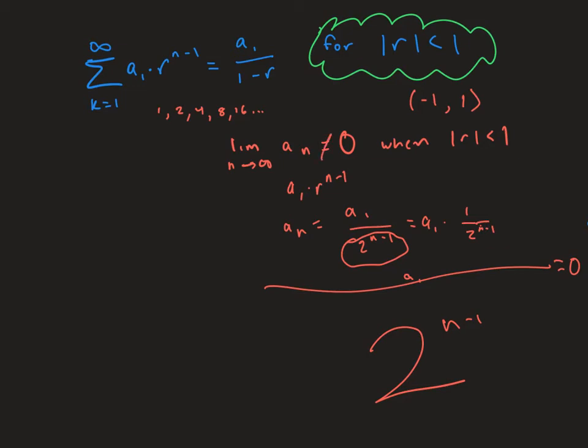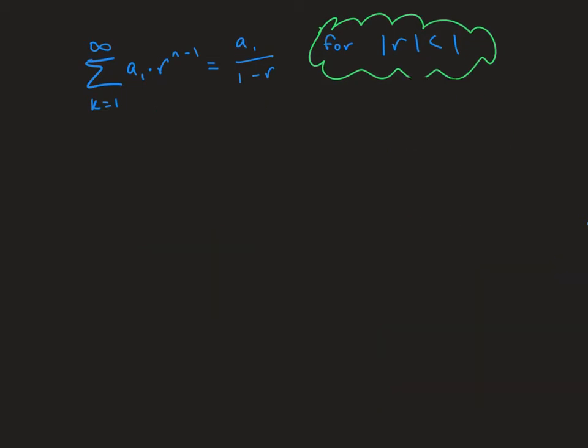Because a sub 1 times, let's say r equals 2, to the n minus 1, never is getting to 0. Because that's just getting bigger and bigger. And that's why we can find the sum when the absolute value of r is less than 1.